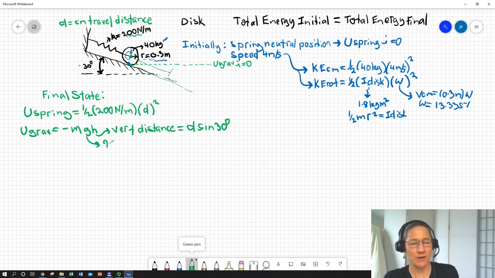That's 9.81 meters per second squared, and our mass is 40 kilograms.